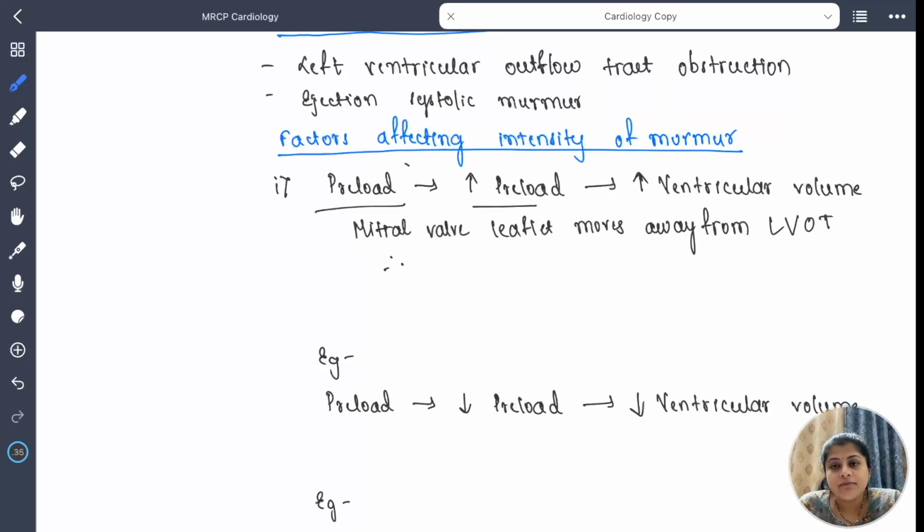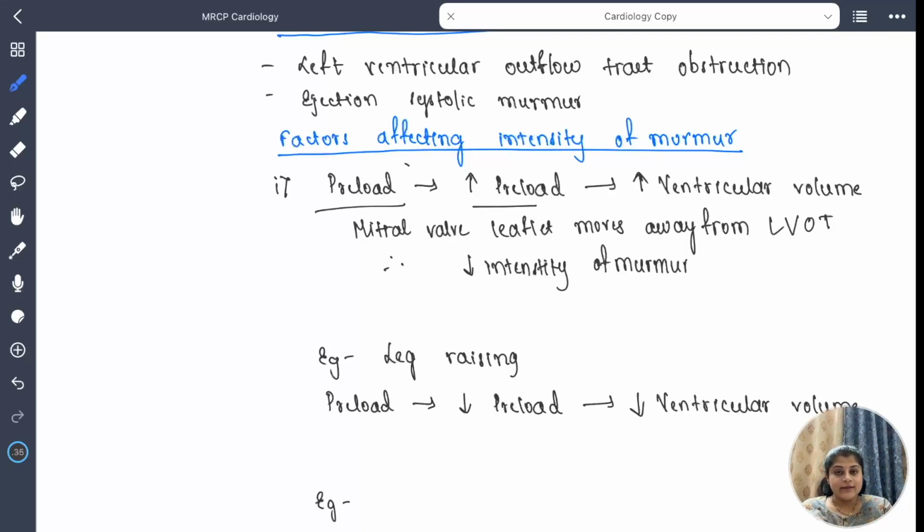Therefore, because the obstruction is decreasing, there will be decreased intensity of murmur. What is the example? Leg raising. Leg raising will increase the preload, which in turn increases the ventricular volume. Now when ventricular volume increases, the mitral valve moves away from the left ventricular outflow tract and the murmur intensity decreases.